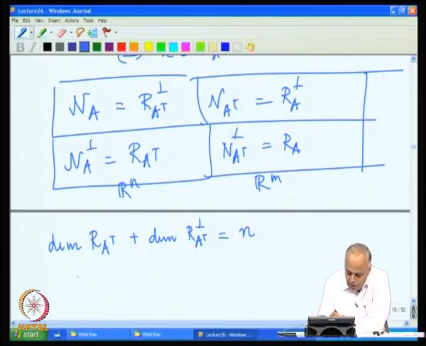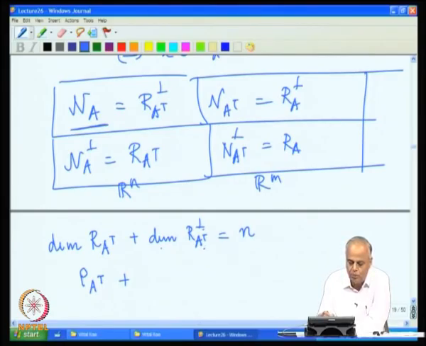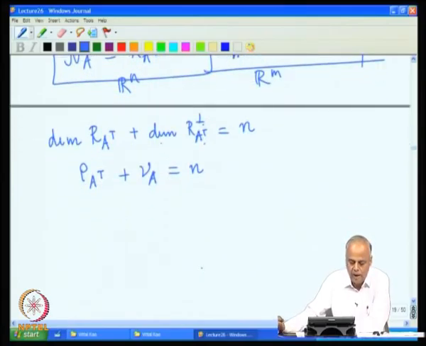Now, the dimension of range of A transpose is what we call the rank of A transpose. R A transpose perpendicular is N A, and therefore, dimension of R A transpose perpendicular is dimension of N A. Dimension of N A is what we call the nullity of A, and therefore, rank of A transpose plus nullity of A is equal to n.